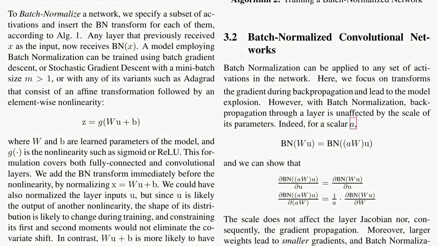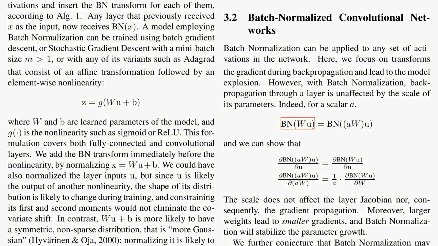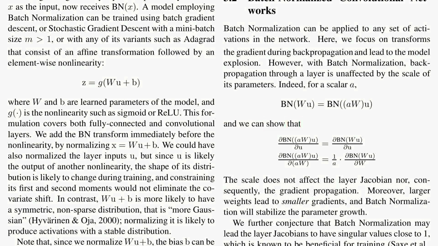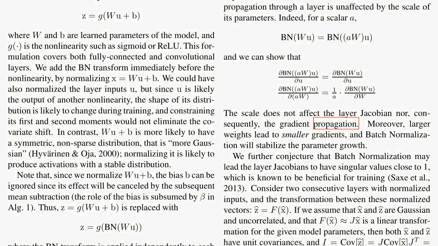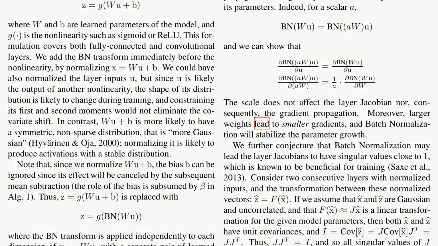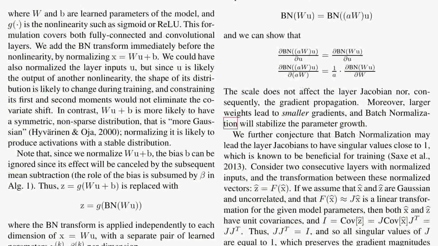Indeed, for a scalar a, BN(Wu) equals BN((aW)u), and we can show that the derivative of BN((aW)u) with respect to (aW) equals (1/a) times the derivative of BN(Wu) with respect to W. The scale does not affect the layer Jacobian nor, consequently, the gradient propagation. Moreover, larger weights lead to smaller gradients, and batch normalization will stabilize the parameter growth.